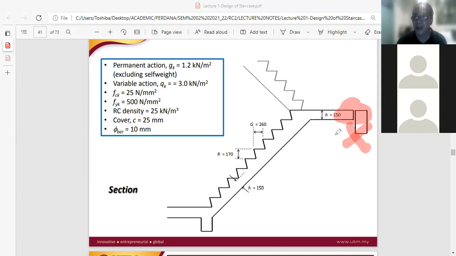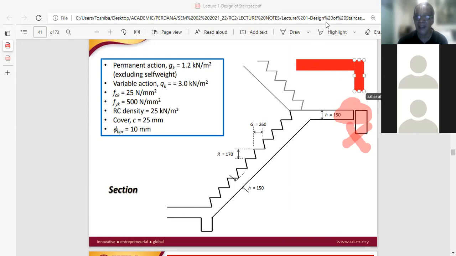If this condition is such that we have landing, kemudian we have a beam that is directly connected kepada landing, then this is similar kepada example number 2. Okay.